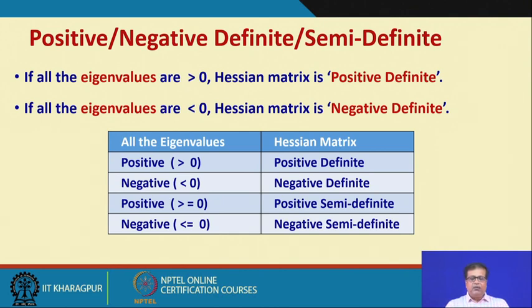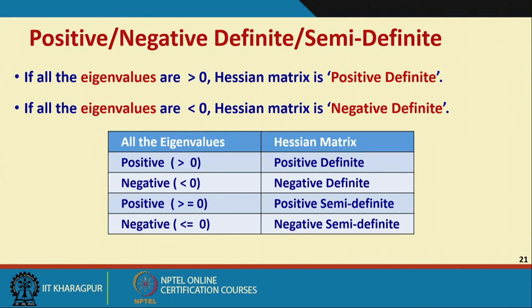So, if we have a combination of eigenvalues both positive and negative, then we cannot really conclude whether the Hessian matrix is either positive definite, negative definite, or positive or negative semi definite, right.